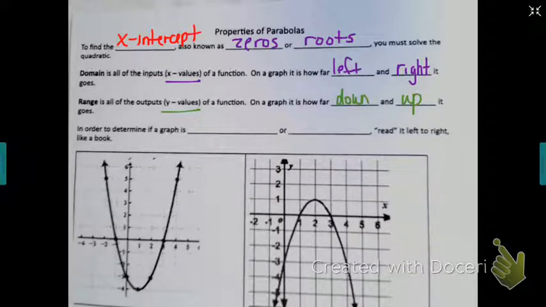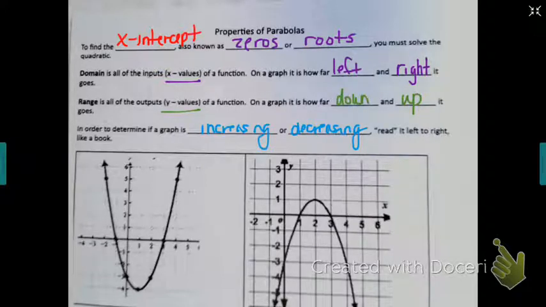Another important thing that you need to know is about increasing and decreasing. When we're trying to figure out if a graph is increasing or decreasing, you start on the left of the graph and then you go towards the right.